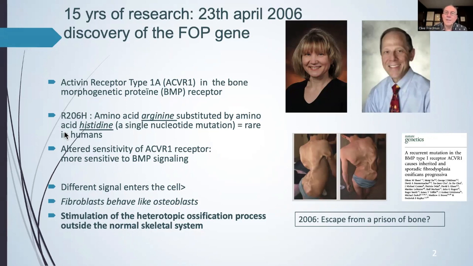The mutation changes the sensitivity of the BMP receptor, causing a different signal to enter the cell and fibroblasts to behave like osteoblasts. So you result in the stimulation of HO, or heterotopic ossification.